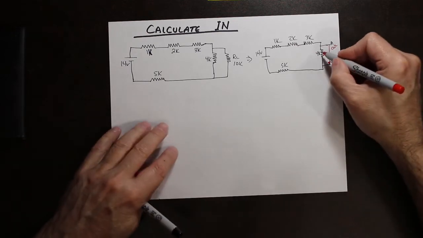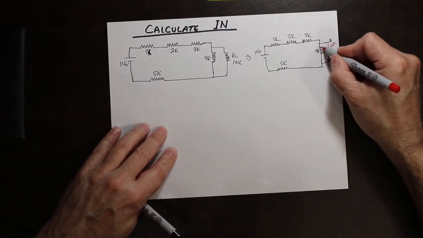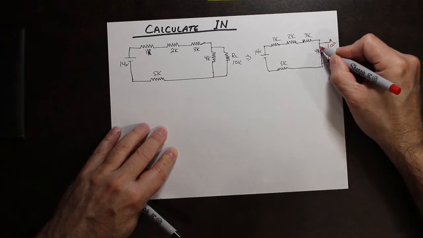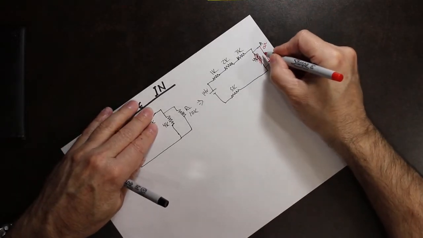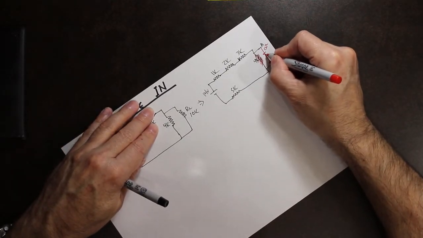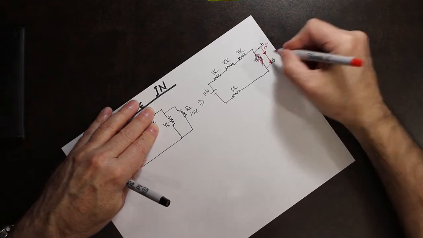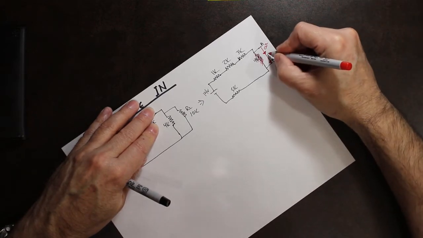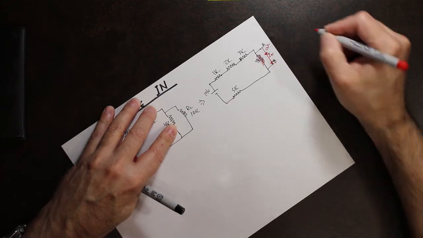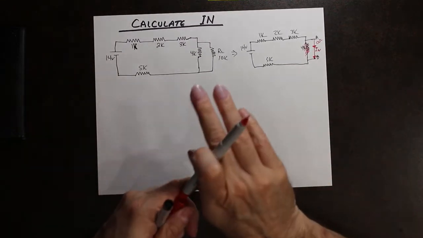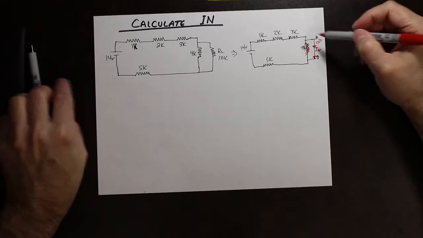So, this resistor is not here now. So once we do that short circuit, if we are able to find the current through that wire, that is I Norton.